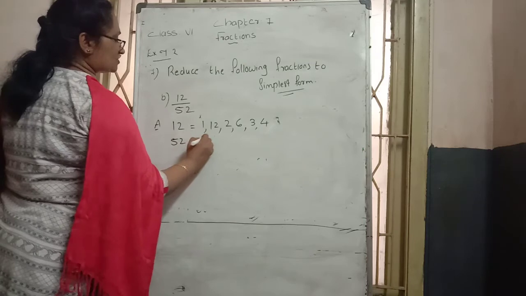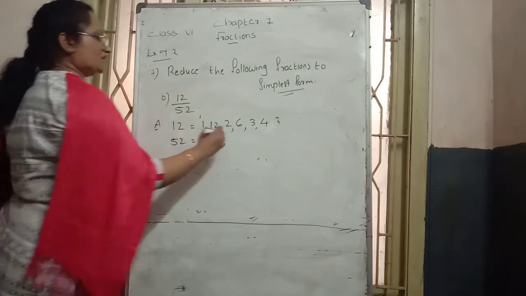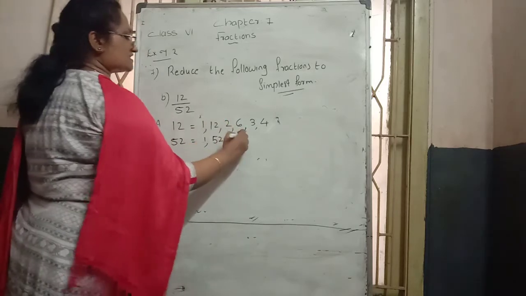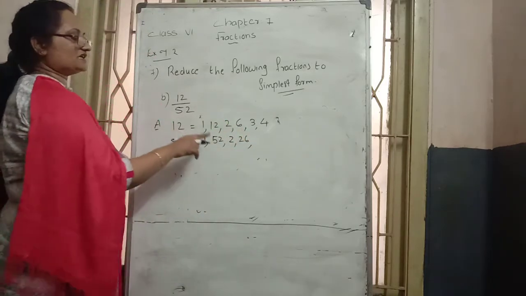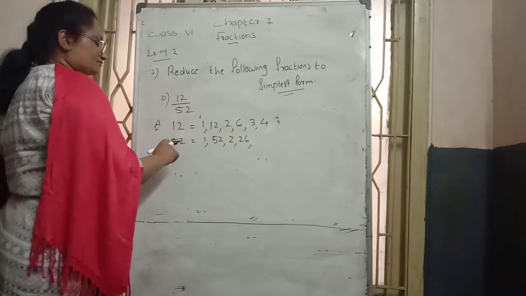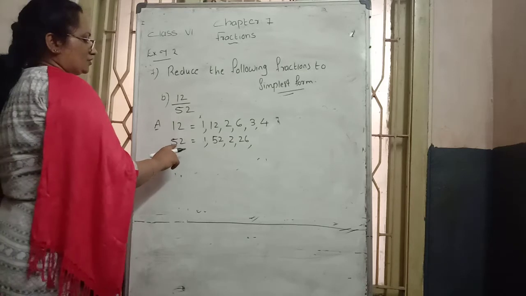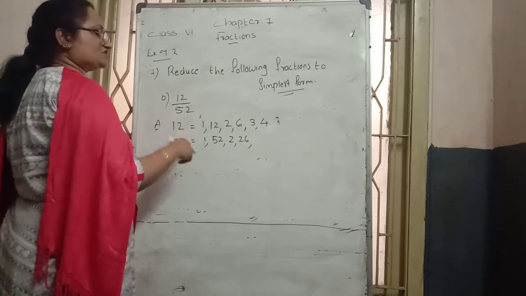In the 52 case, the 1 table gives 52, so 52 also. The 2 table gives 26 times, so the 26 table also. Is it possible to divide 52 by 3? 51 is possible, 52 is not, so leave it.